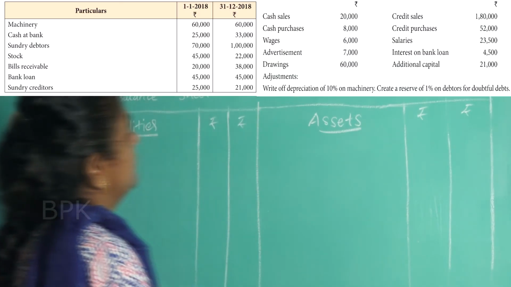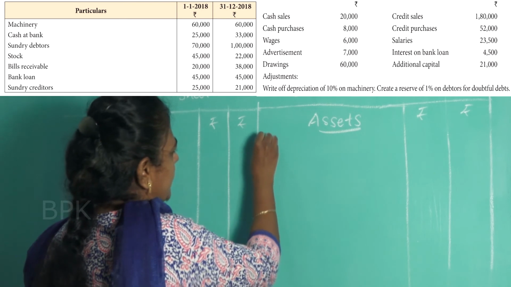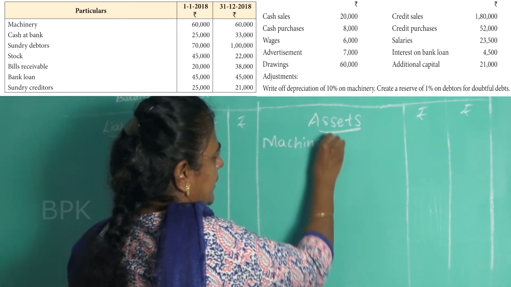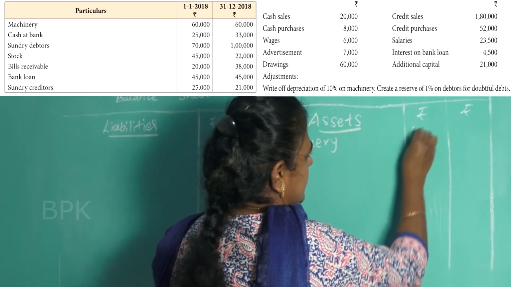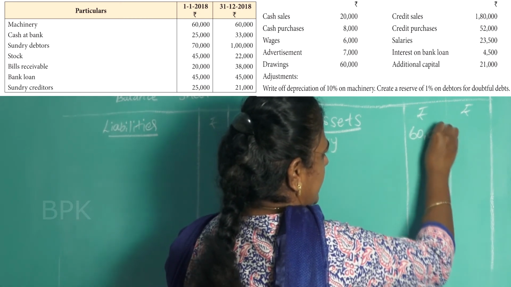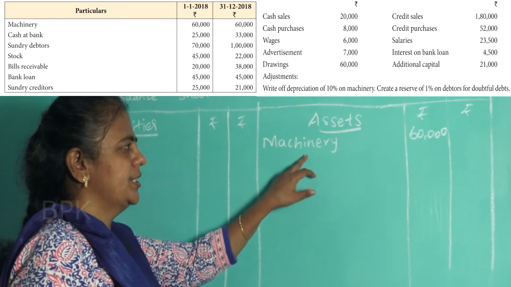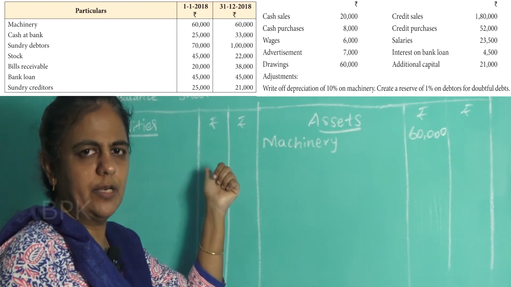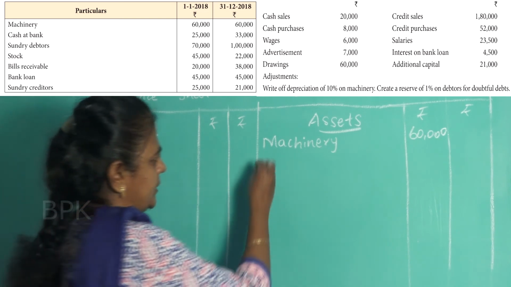Okay. See, first machinery is given, machinery 60,000. Already depreciation 10% you calculated and you wrote already in the profit and loss account. Bring down the depreciation here.